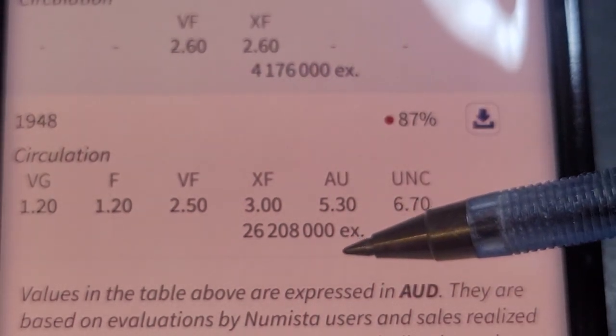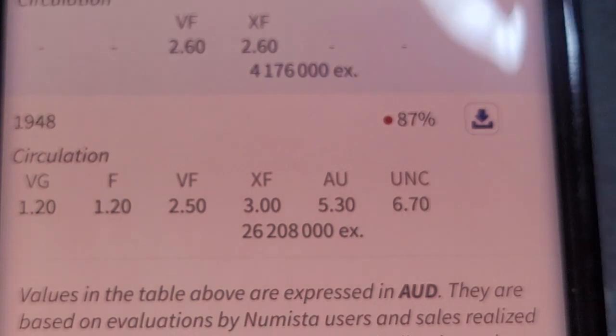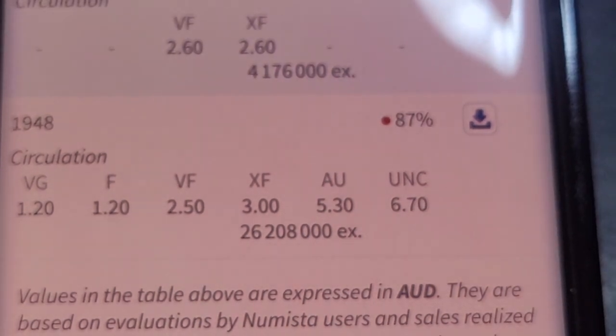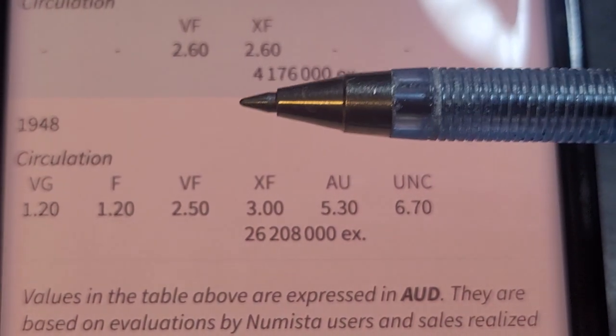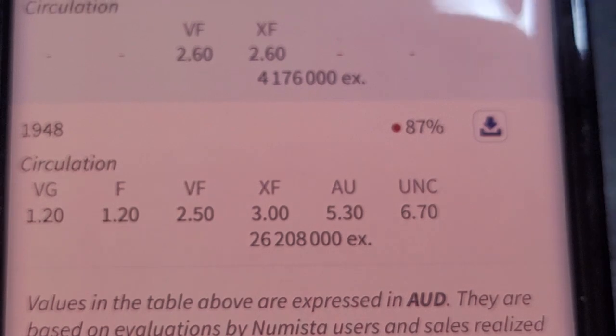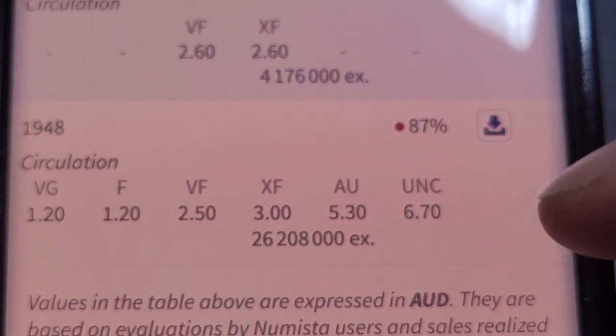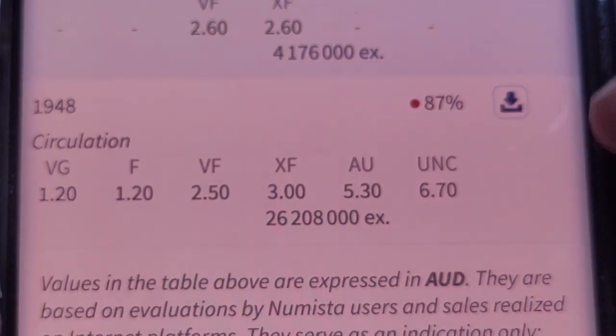And if we put it in today's context, it's probably enough just to supplement the coins that were removed before, and it also is for the increased population.